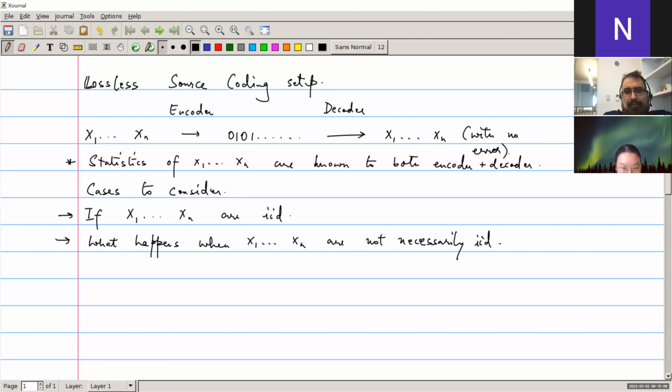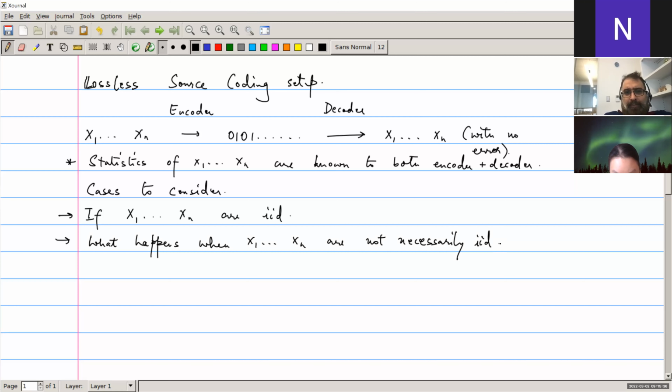And we look at something even more important, which I'm not writing right now because it eliminates this assumption, that the statistics of x1 through xn are known to both the encoder and decoder. In that setting, the statistics of x1 through xn are unknown to the decoder as well.